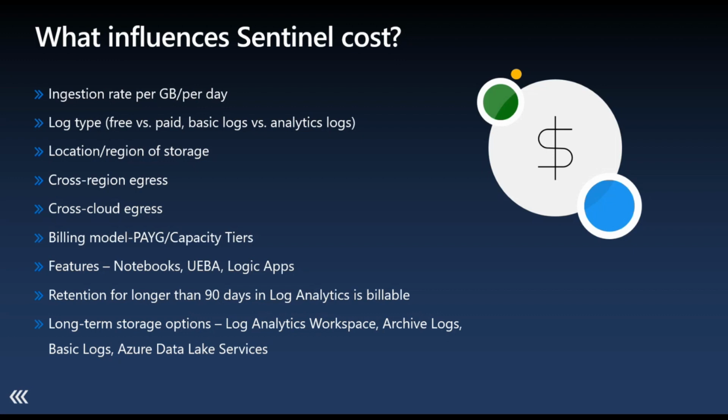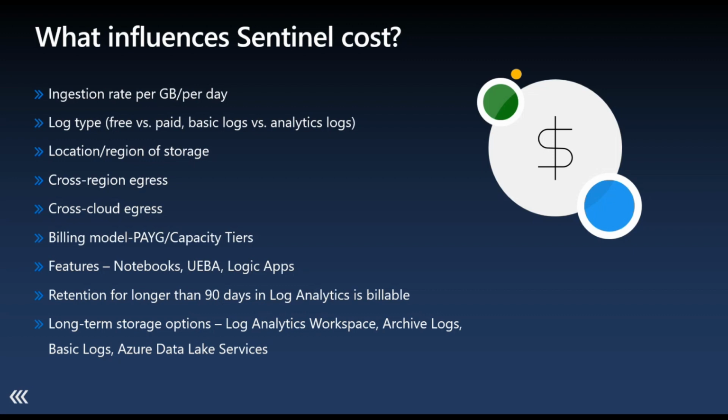The features that you enable in Sentinel are going to influence the cost. Are you using Python notebooks that allow you to do structured investigations and threat hunting? They have a cost associated with them because they have a machine learning workspace on the back end that the notebook is leveraging.